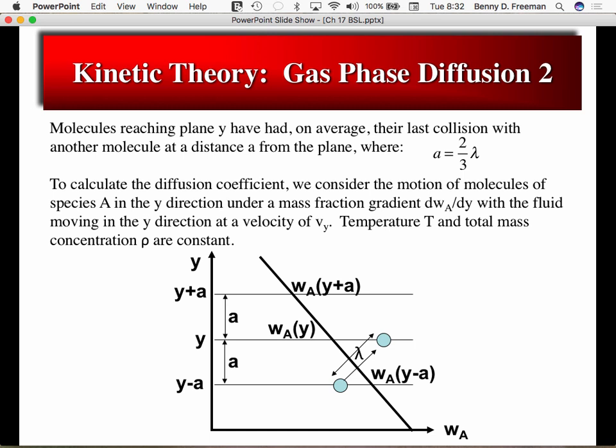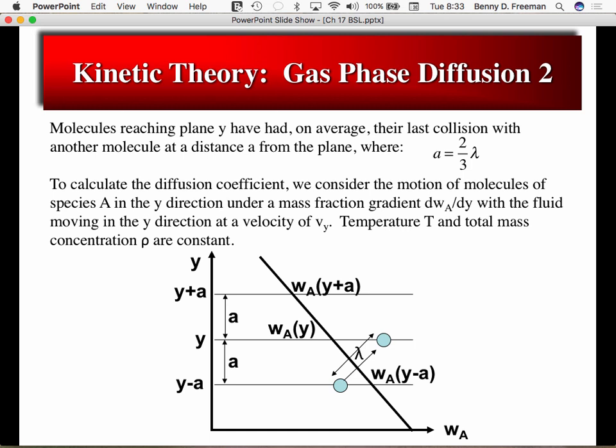And we consider a gas molecule that has reached this plane Y since its last collision some distance away. It turns out that on average, that distance from the last collision is about 2/3 of the mean free path, to account for the fact that these collisions can send this molecule off in random directions.